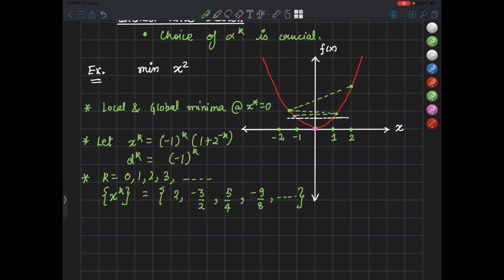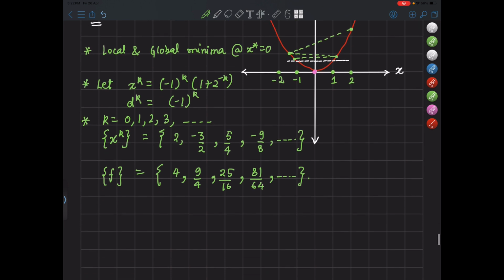And how will f vary? Let's see that. The first value will be 4, then 9 by 4, 25 by 16, 81 by 64, and so on.